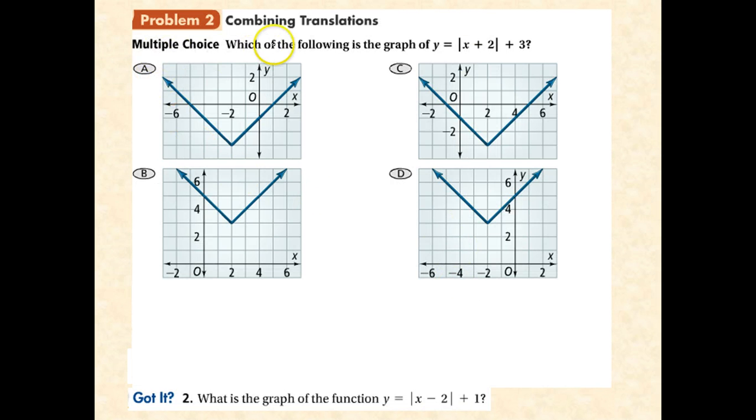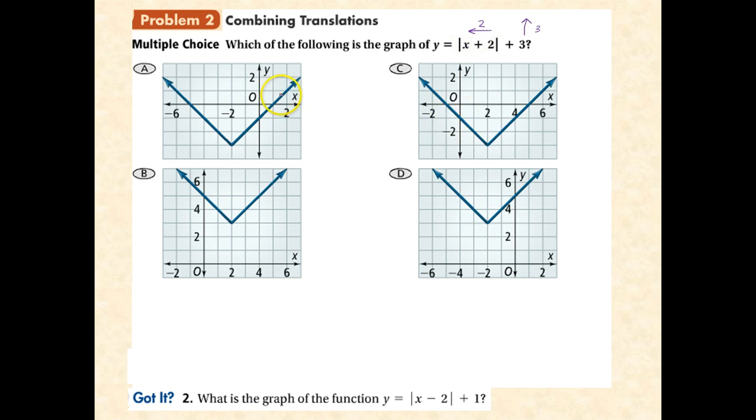Okay, so which of the following is the graph of y equals absolute value of x plus 2, plus 3? Well, let's see. The plus 3 is going to shift up 3 units. And the plus 2, remember, inside here has the opposite effect, so we're going to go left 2 units.